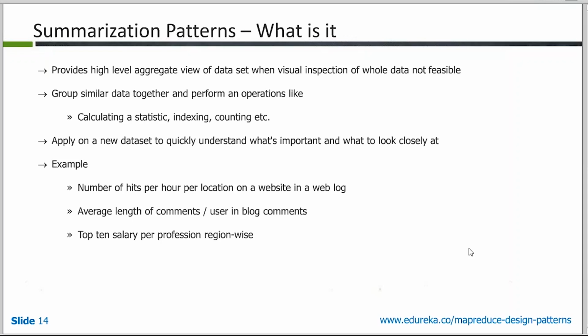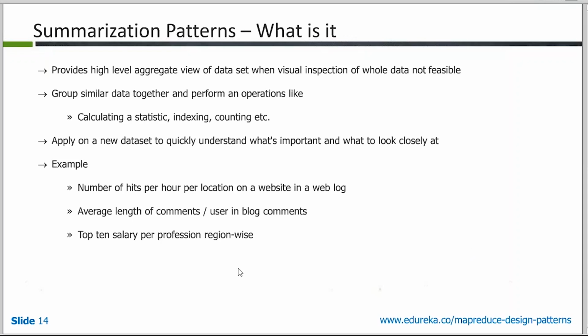They group on keys, and then on those groups they calculate some statistic. This could be calculating a statistic, indexing that data, or counting. But there is a connotation of summarizing in some way on a group of data.